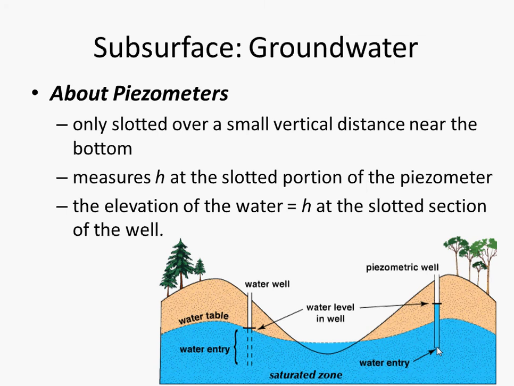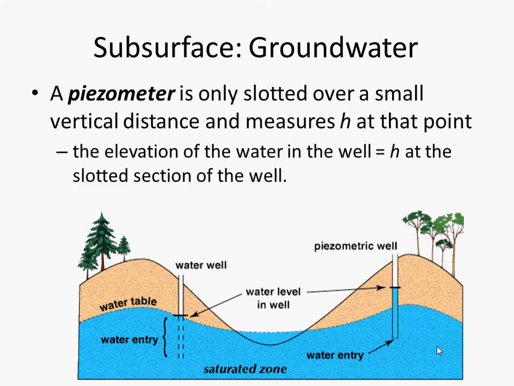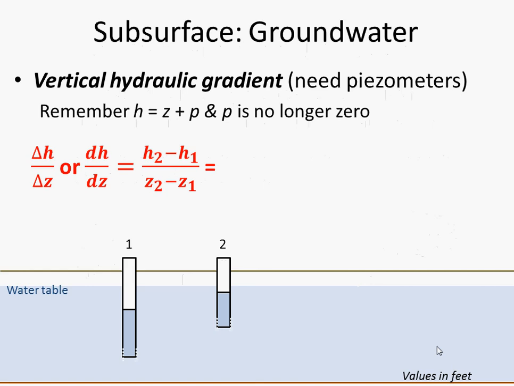The elevation of the water in the well tells you the hydraulic head at the slotted section of the well. Hopefully this will become a little bit clearer as we continue on. Again, a piezometer is only slotted over a small vertical distance. It measures the hydraulic head at that point, and the elevation of the water in the well is the hydraulic head at the slotted section of the well. And here is an example of what that might look like.